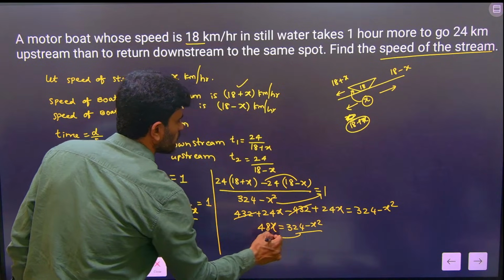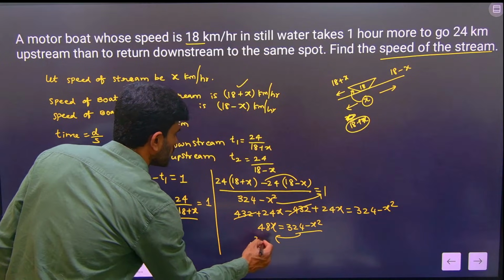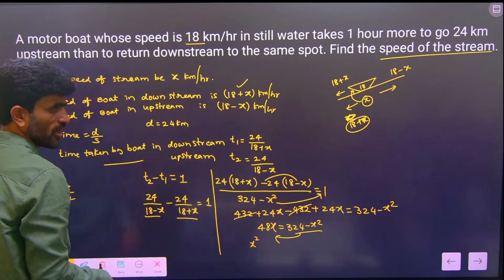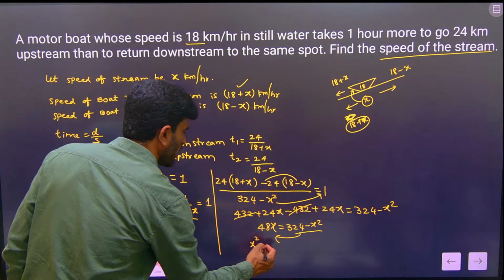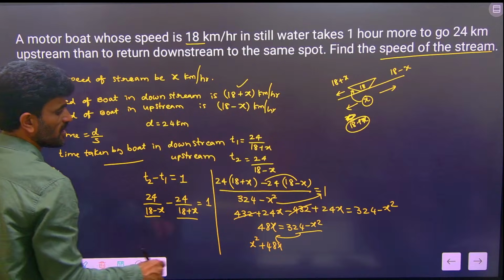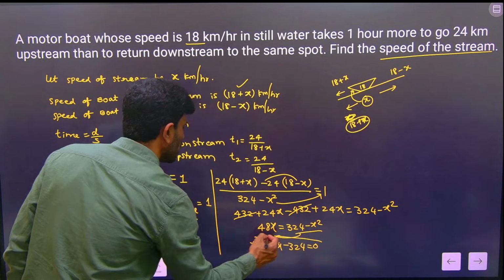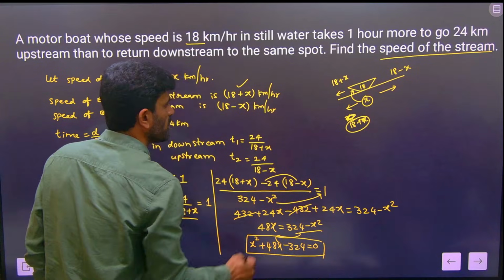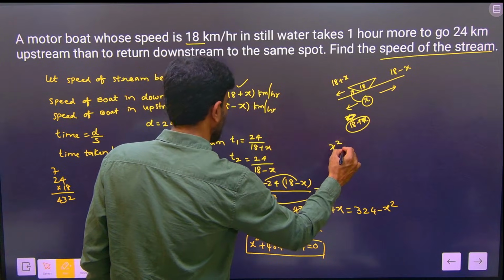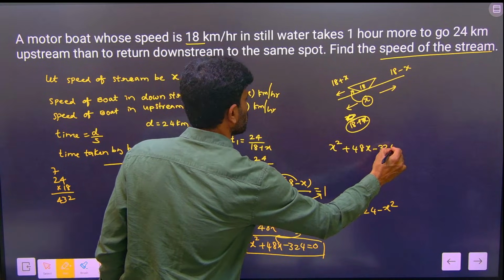Now these two will transfer this side. Finally our equation will be plus x square, because minus x square goes to this side, plus 48x as it is, and 324 sent to this side becomes minus 324, is equal to 0. This is our quadratic equation: x square plus 48x minus 324 is equal to 0.